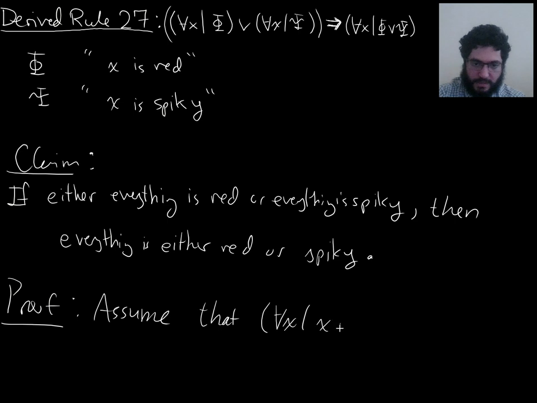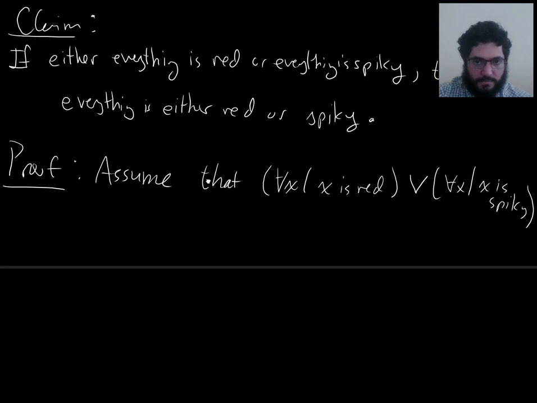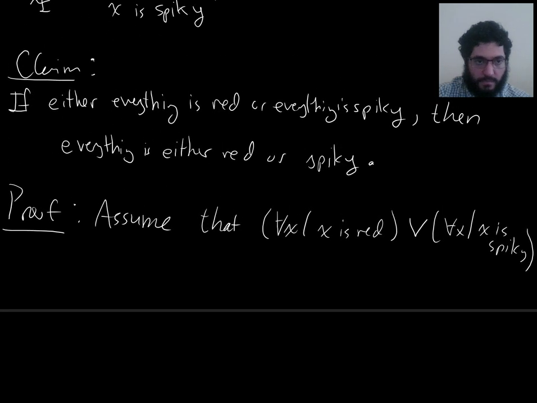So for all x, x is red, or for all x, x is spiky. Then my goal is to prove that everything is either red or spiky.